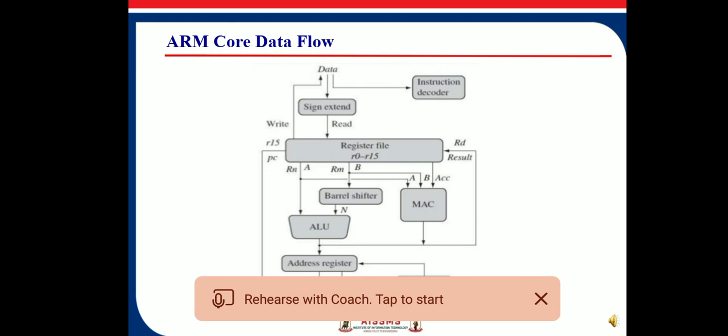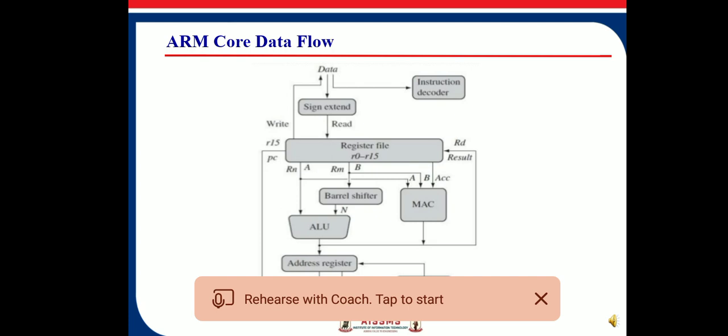Store instruction copies data from registers in the processor core to the memory. The ARM processor instruction set does not include instructions that directly manipulate data in memory. It means we cannot process data which is stored in memory. First we have to load data from memory to the processor, then we can process the data. The data processing is carried out only in registers.